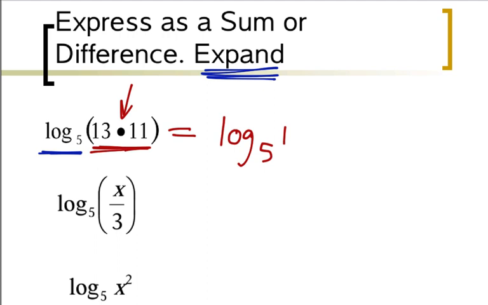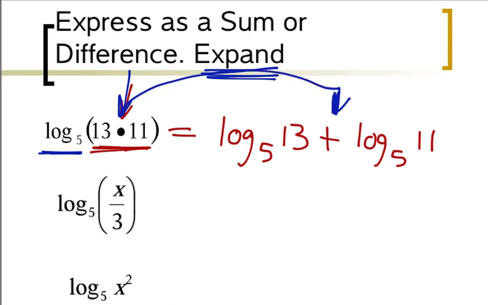So log base 5 of 13, and then plus log base 5 of 11. This is the correct expansion of this log, where the multiplication is the break between the logarithms. The multiplication breaks out, and the difference between them turns into addition.